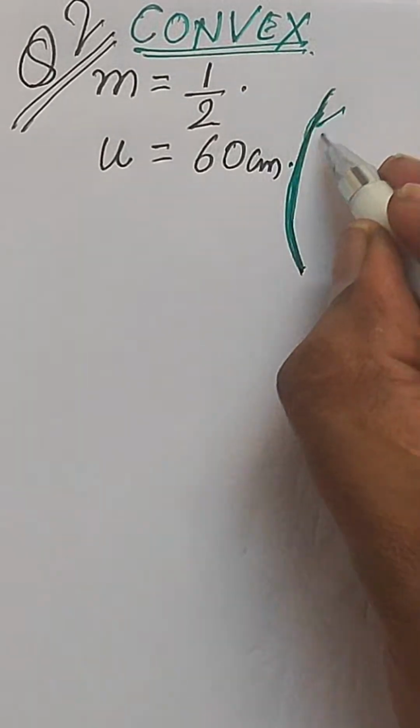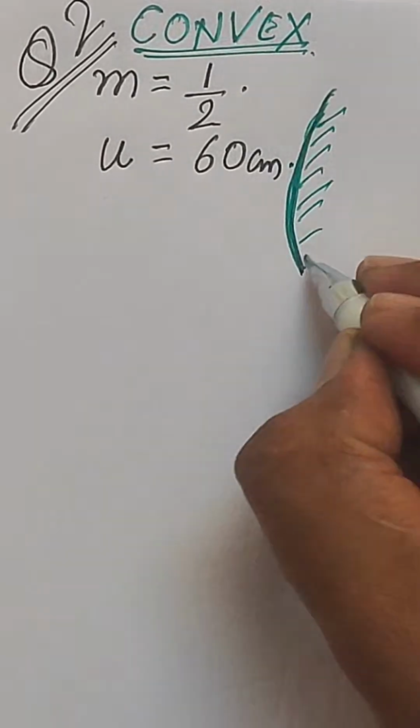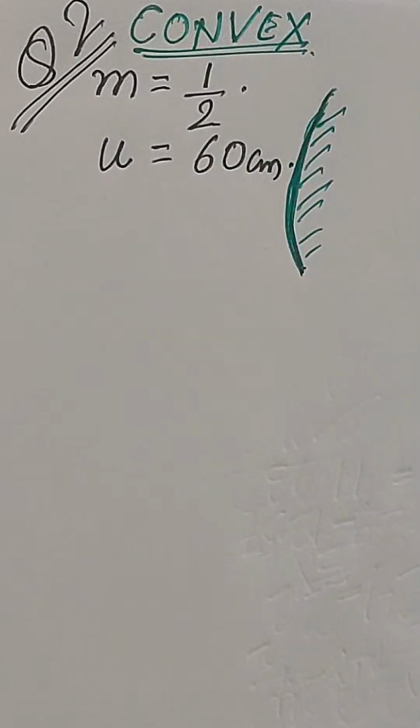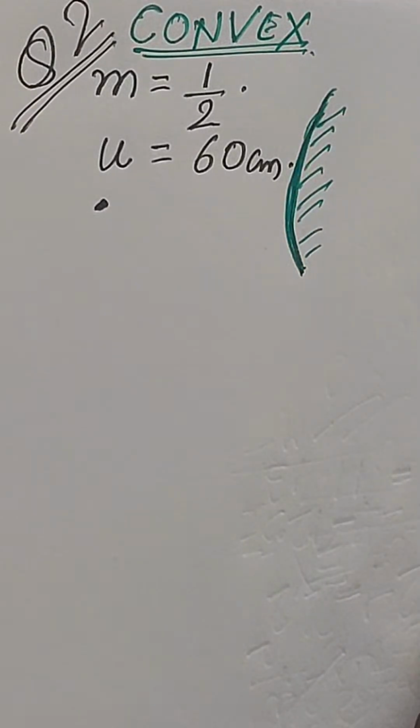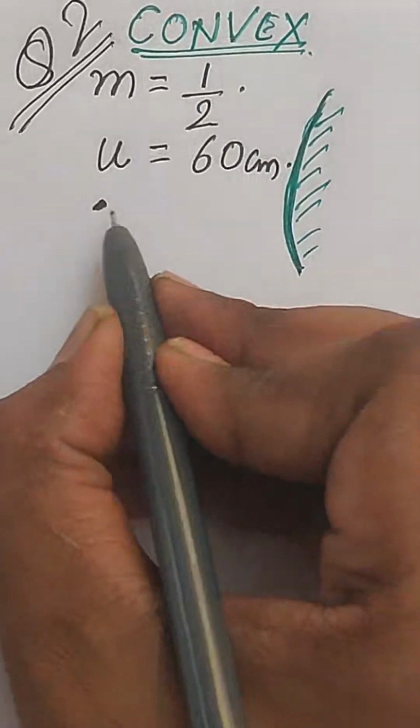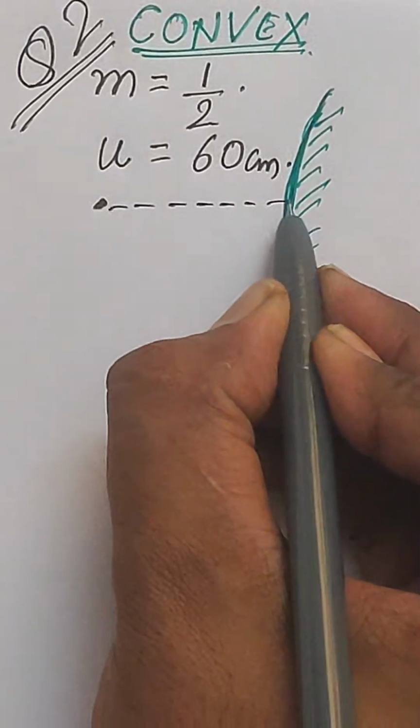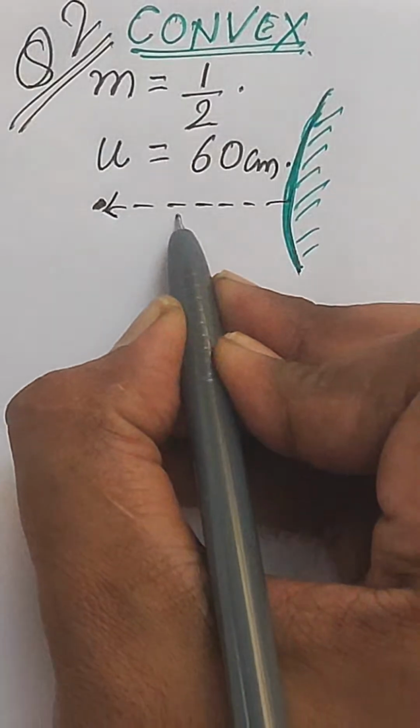This is a convex mirror which is polished from inside, and the bulging surface is shiny, right? And we need to find the object distance here. We need to find it.